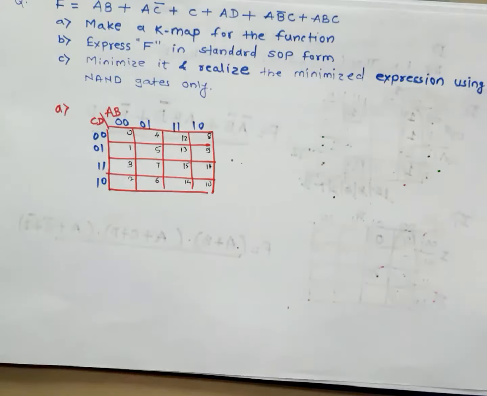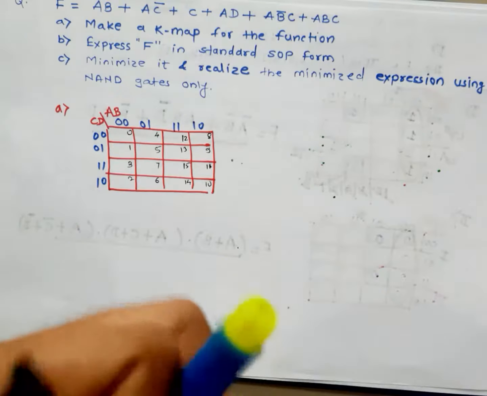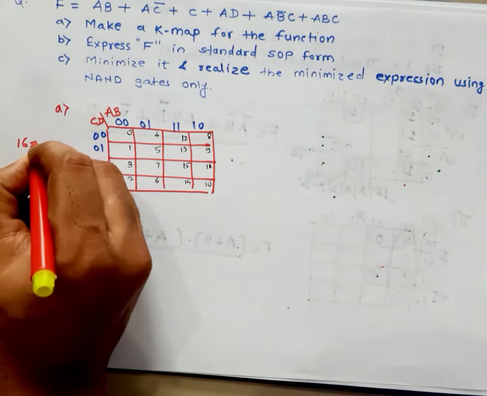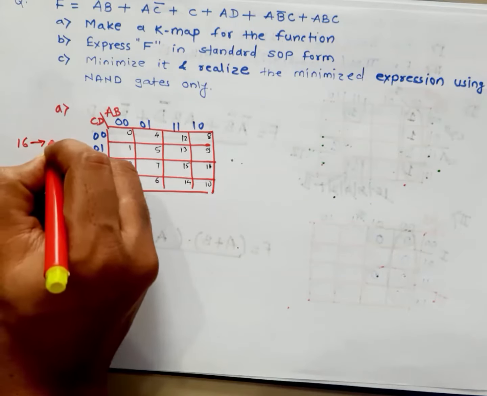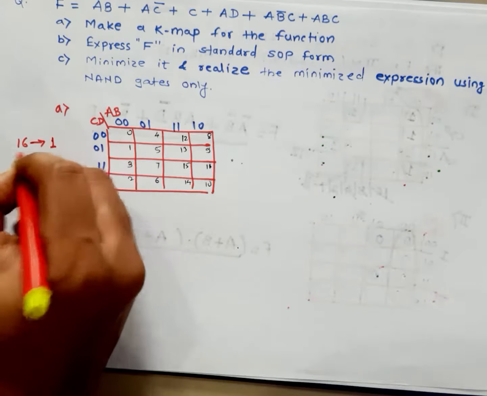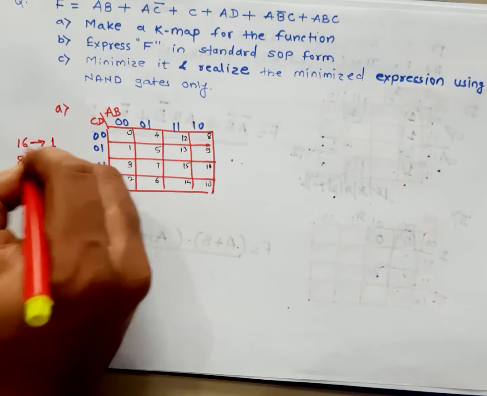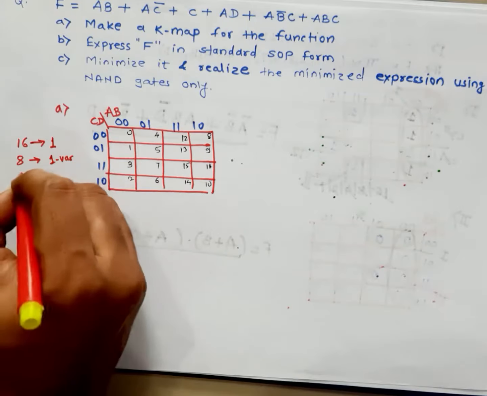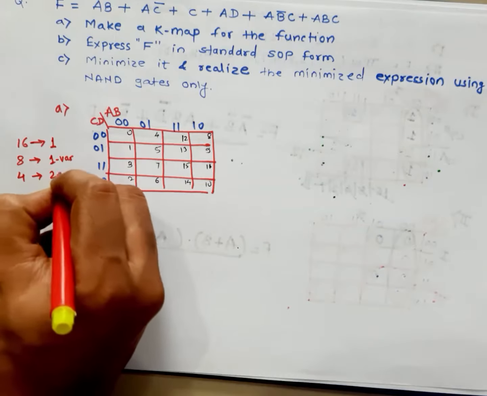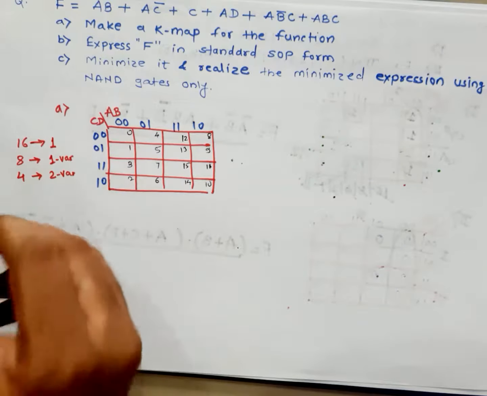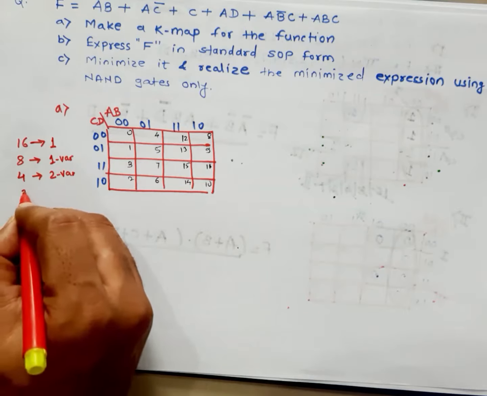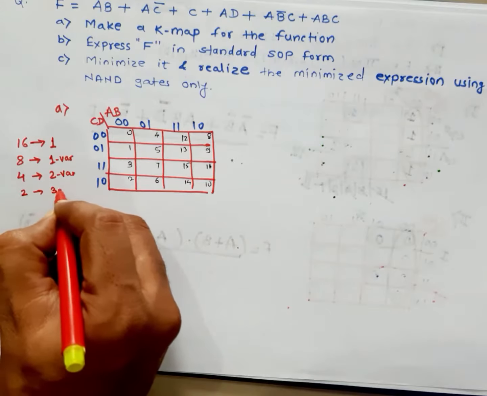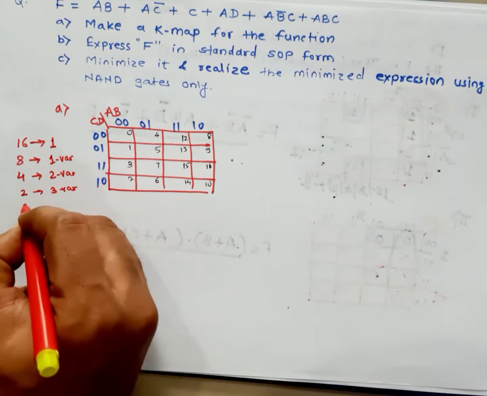So you can make a logic from that analysis. If it is a group of 16 cells, then the answer is 1. If a group of 8 cells, then one variable is there. If a group of 4 cells, then two variables in your final term. If a group of 2 cells, then there are 3 variables in your final term.